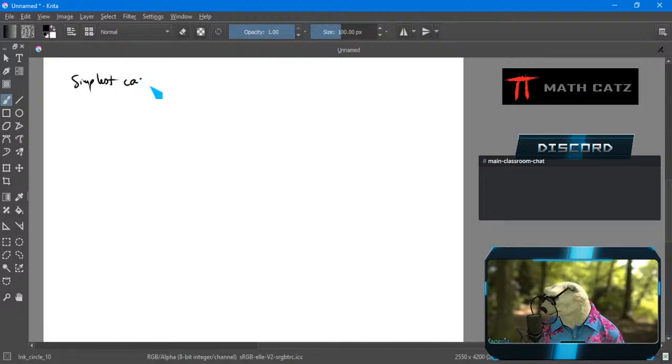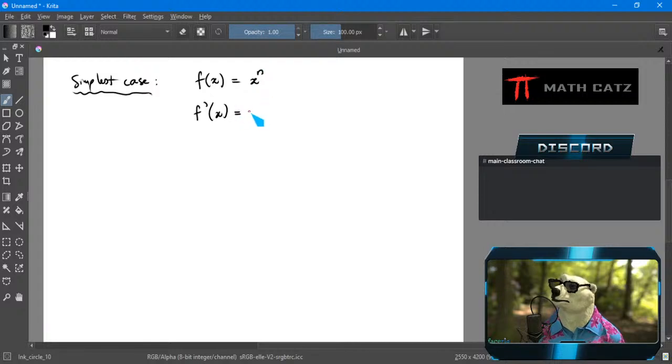If I have my function, which let's just say is x to the power n, then we've established before that the derivative is going to be the power n of x multiplied in front, that's a coefficient now, by x to the power 1 less.